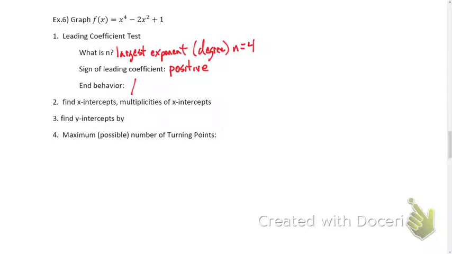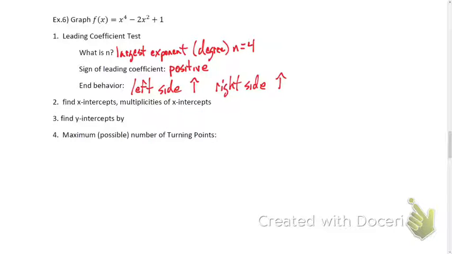And then you move to left side, right side. Hopefully you have it memorized, or if you don't, look at that table we drew a few days ago, last week. We have an even degree. We have a positive front number. That means since it's even, the behavior is the same on both sides, and it's going up because it's positive.